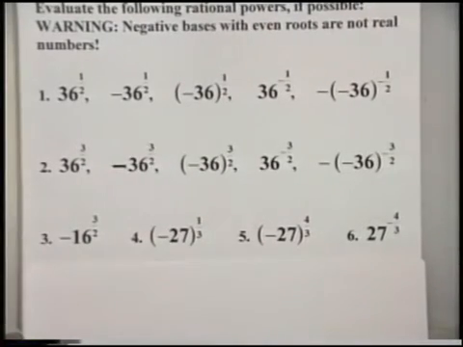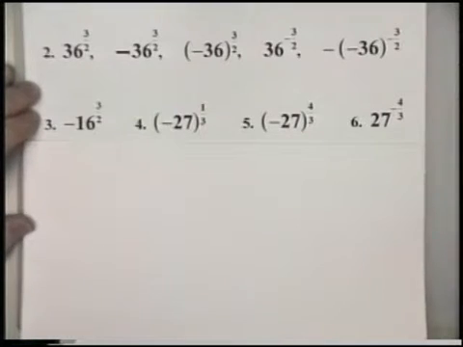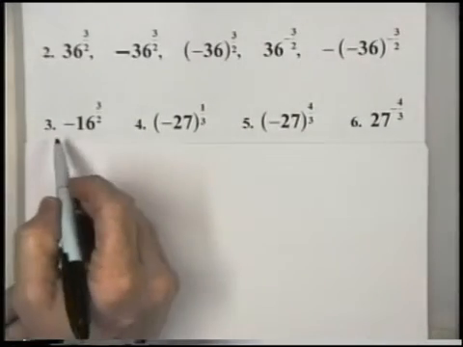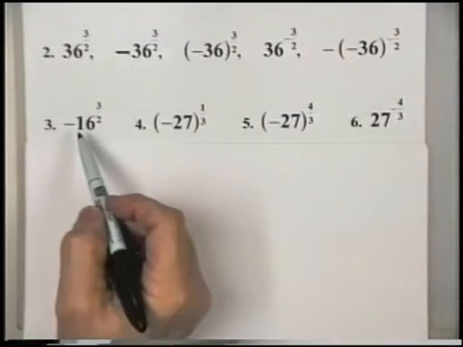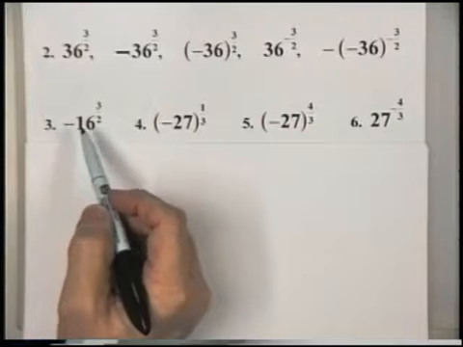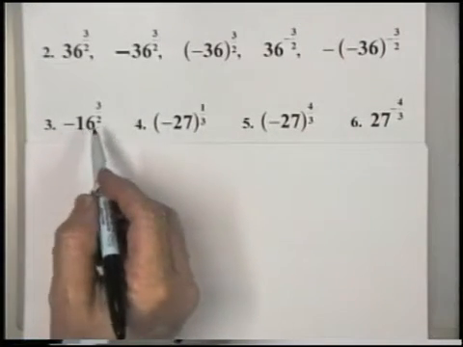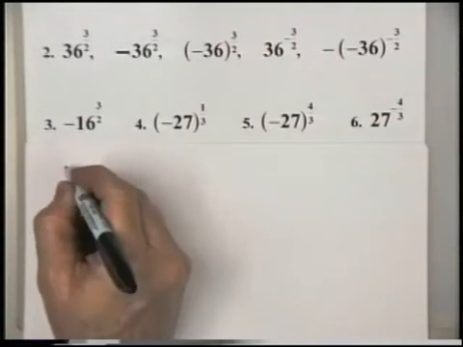The next group down here have a little different bases. Let's take a look at those. Number 3, negative 16 to the 3/2 power. Again, a casual observer might read that as a negative base, but we know it isn't.